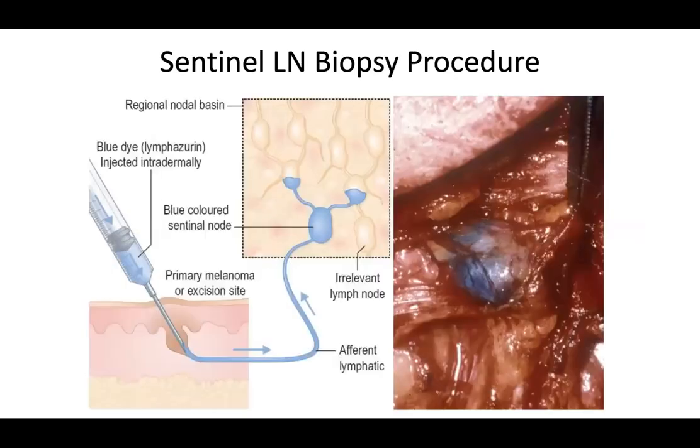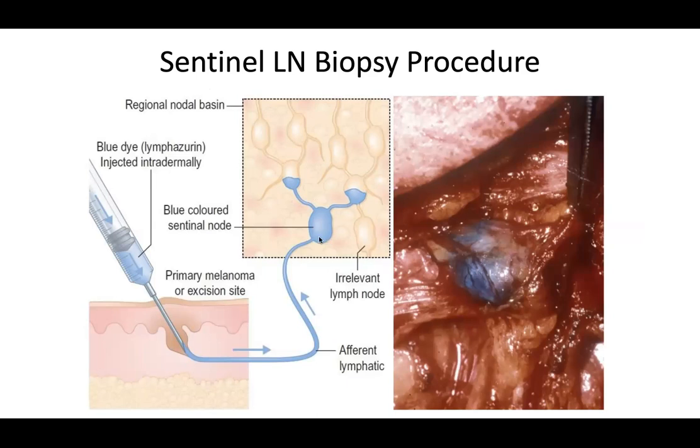How is a sentinel lymph node biopsy done? So there is this blue colored dye injected called lymphazurin. It's injected intradermally into the primary melanoma or excision site. It goes via the afferent lymphatics to the lymph nodes. You can see that there are relevant lymph nodes here.